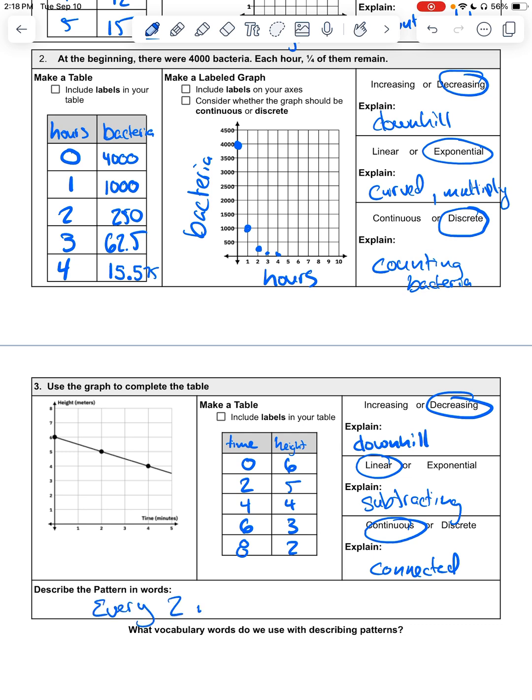Every 2 minutes, because the x, the time is going up by 2, the height decreases by 1 meter. That's what we're looking for.